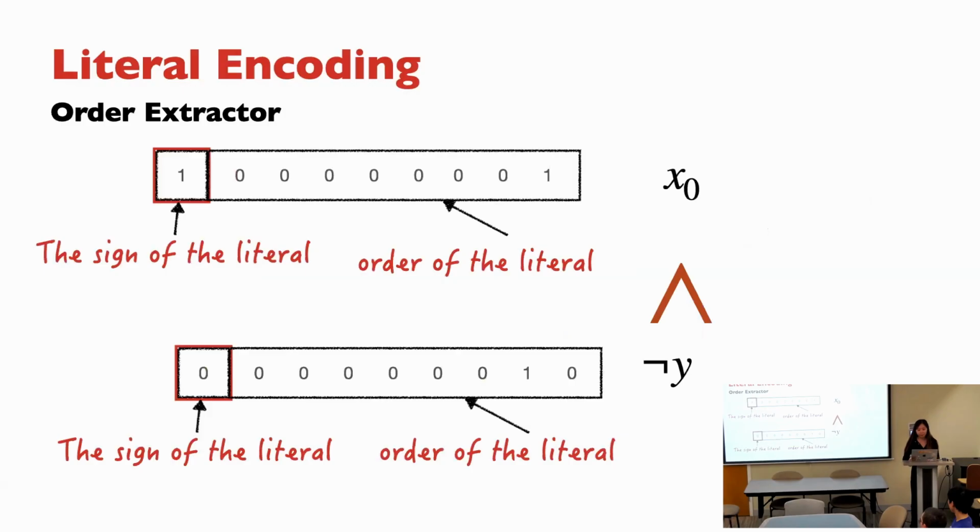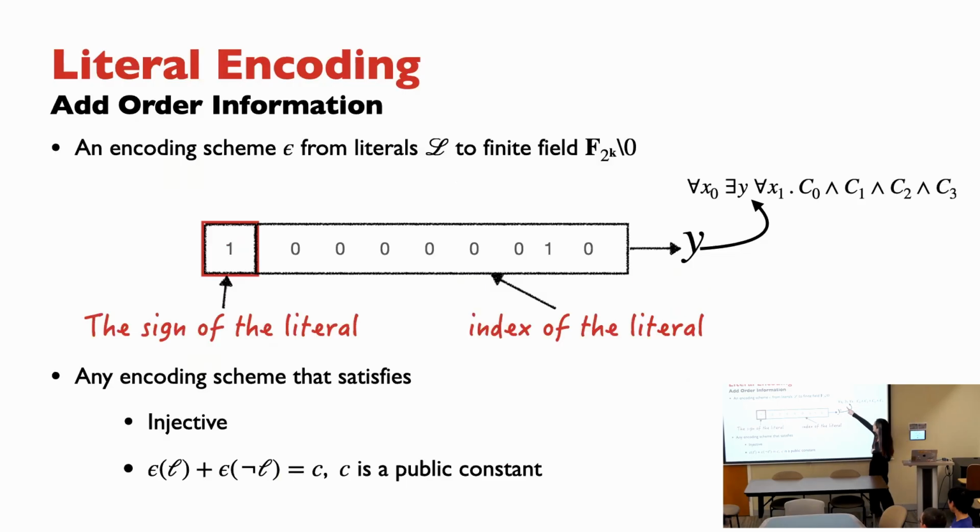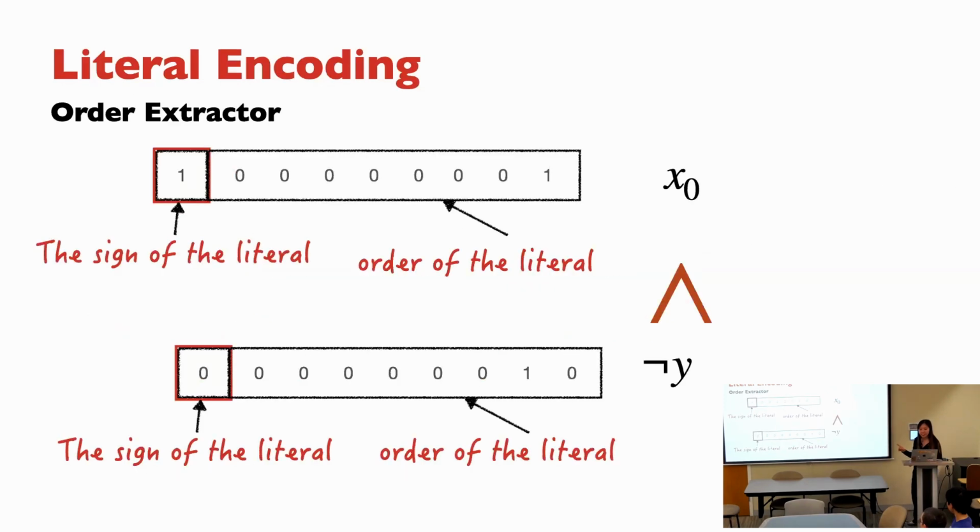For example, here, X0 has order 1, Y has order 2, and X1 has order 3. So in this example, the rest of the binary string is the order of the neutral, which is 2 for Y, and X0 has order 1, which is why this encodes the number 1.